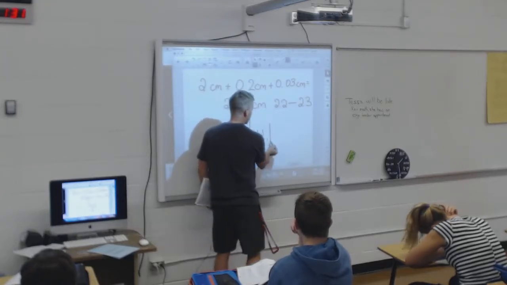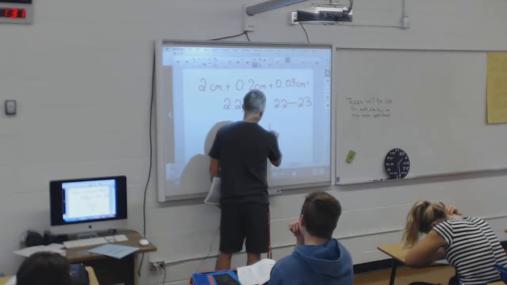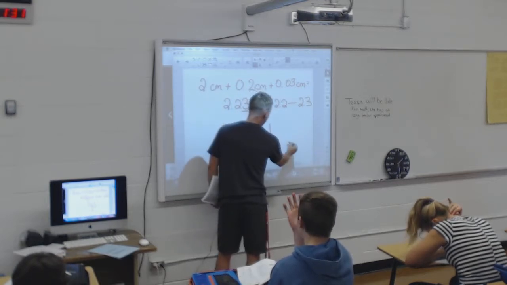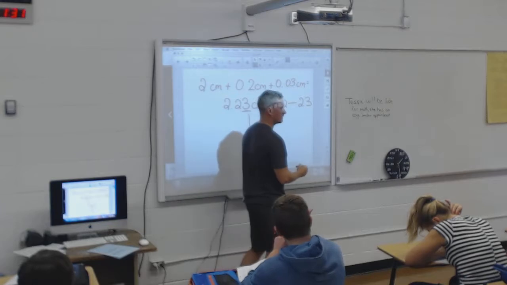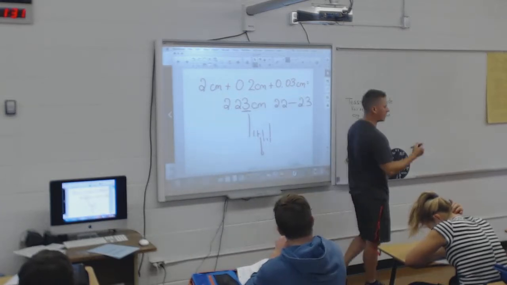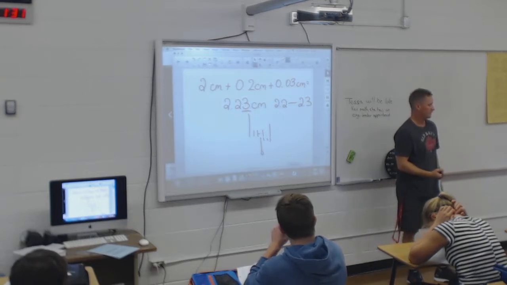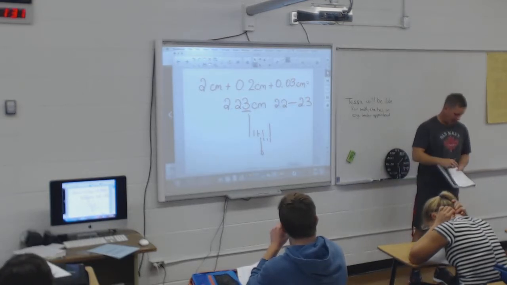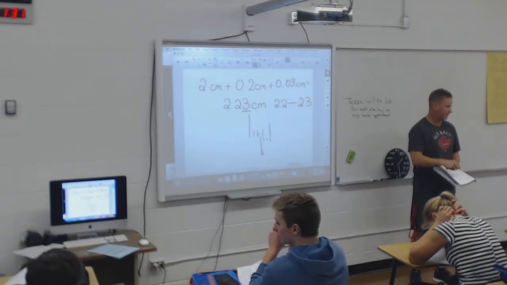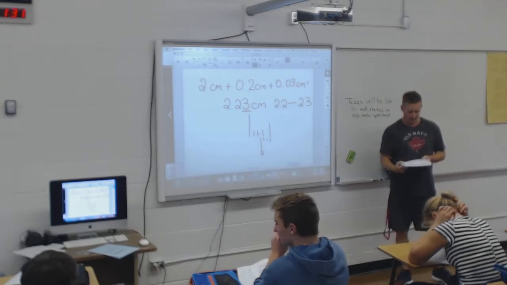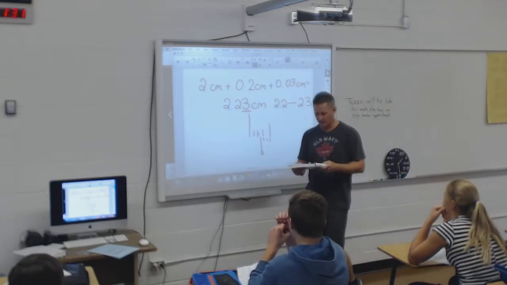Even though it's lined up with the fifth one here, I have nothing to do with that. It's only this scale right here that I'm dealing with. So it's somewhere between 2.2 and 2.3, and the little scale on the bottom, where the lines line up, is how you tell. I expect there to be some difficulty with that.